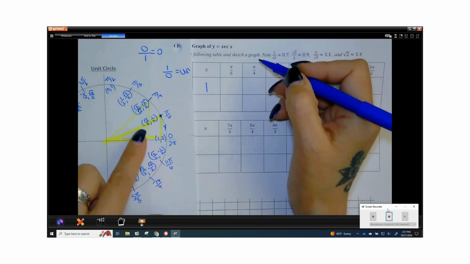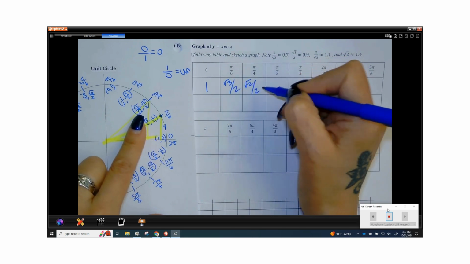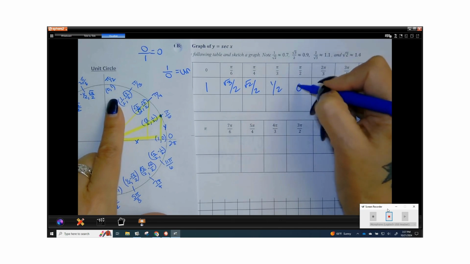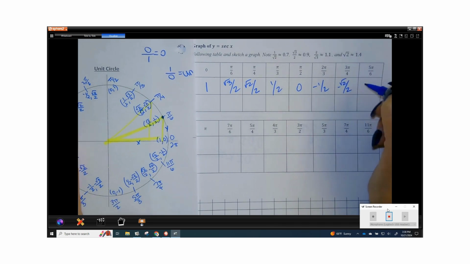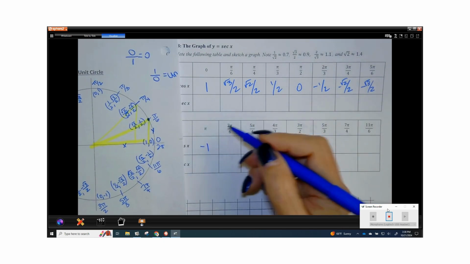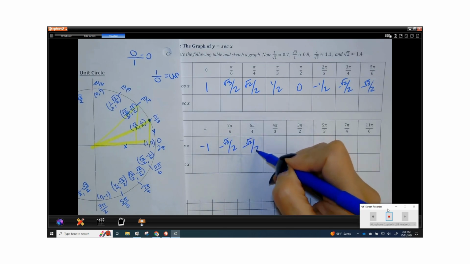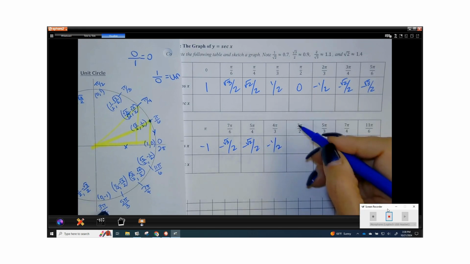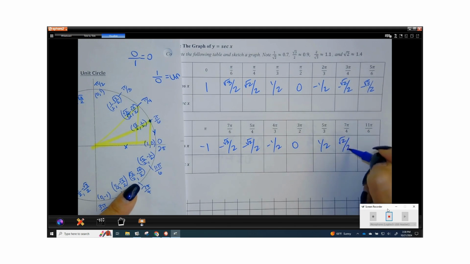Pi over 6 is square root of 3 over 2. Pi over 4 is square root of 2 over 2. 1/2, 0, negative 1/2, negative square root of 2 over 2, negative square root of 3 over 2, negative 1, negative square root of 3 over 2, negative square root of 2 over 2, negative 1/2, 0, 1/2, square root of 2 over 2, square root of 3 over 2, and just so we have it, 2 pi, it's back at 1.